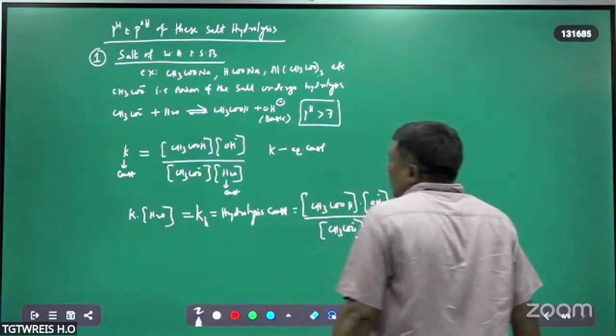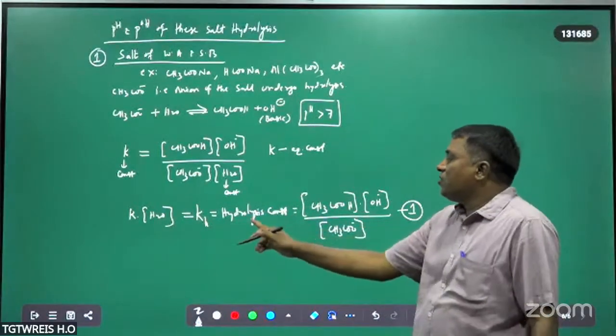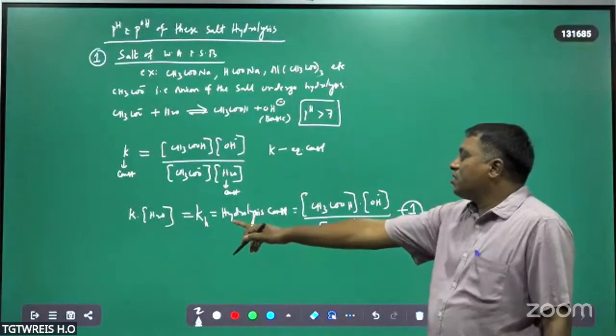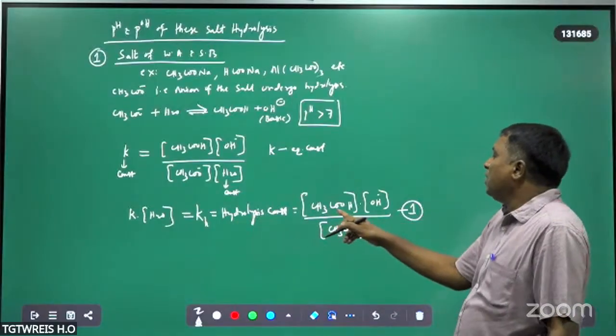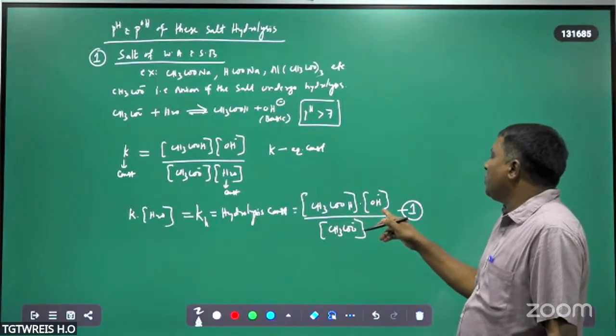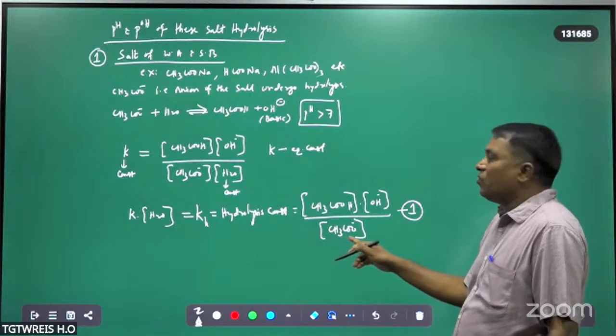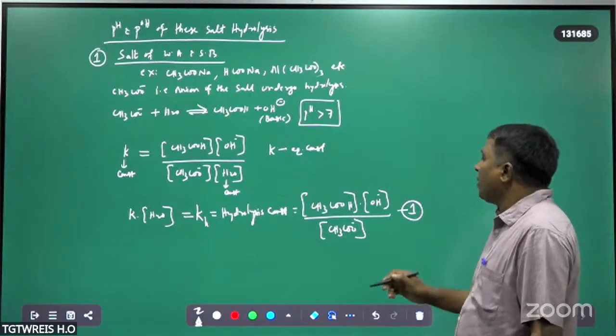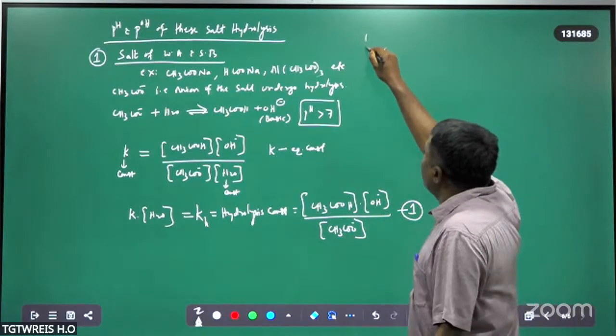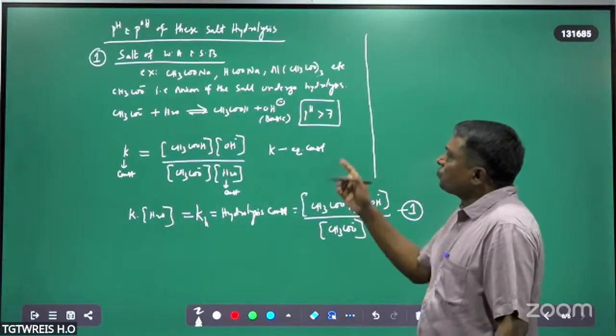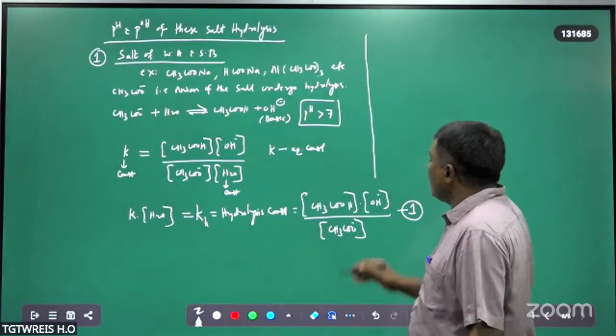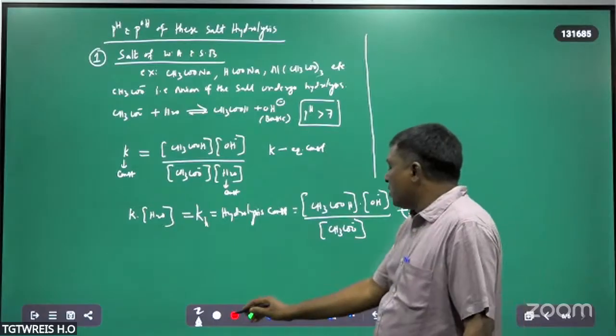Now this is the salt hydrolysis. Kh is equal to the salt hydrolysis constant, equal to the acetic acid concentration into OH minus concentration by the acetate anion concentration. This is equation number 1. And second is the ionization of water. In this we have various terms.